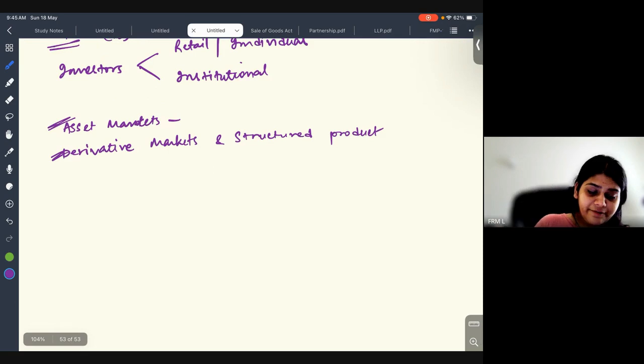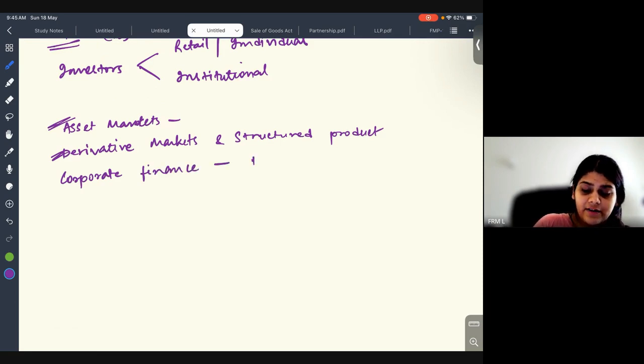After derivative markets, we come to corporate finance. Whether to raise debt, whether to raise equity. If debt, then from banks, through bonds.